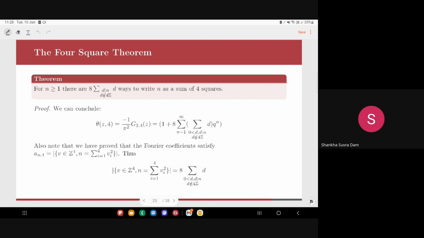Then for n greater than or equal to 1, there are these many ways to write n as a sum of four squares. I think we have all done in elementary number theory that any non-negative integer can be written as a sum of four squares. But this proves how many ways it can be written as a sum of four squares.